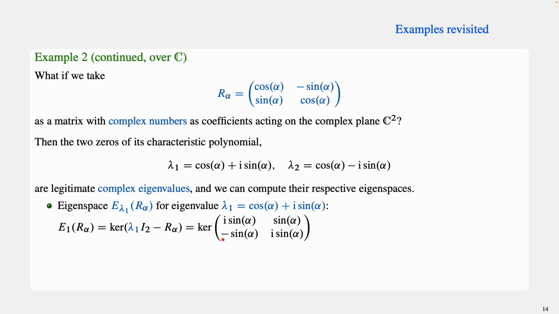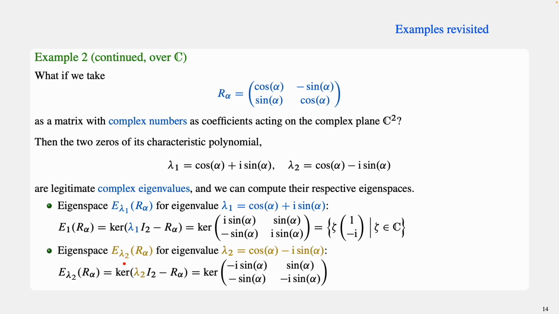And this, well, you have to do a few computations, but then you see that this matrix here is i times sine alpha, minus sine alpha, and again i times sine alpha. And doing a bit of work, simplifying the corresponding system of linear equations, you find that the solution space here, so the kernel, is all the multiples of the vector 1, minus i, where the multiples can be taken with any complex factor zeta.